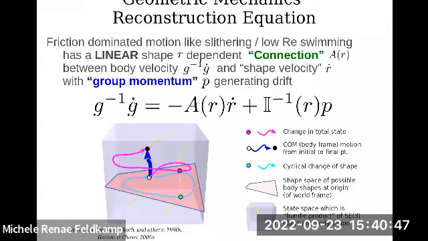This is the body velocity. So G here is the group element, rigid body group of the body. G inverse G dot is the body velocity. It's some nonlinear function of shape times rate of shape change, plus what's called the fixed inertia tensor. It doesn't matter what this tensor is, but a momentum.